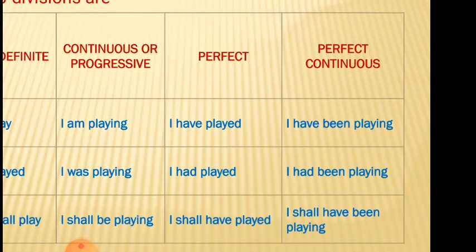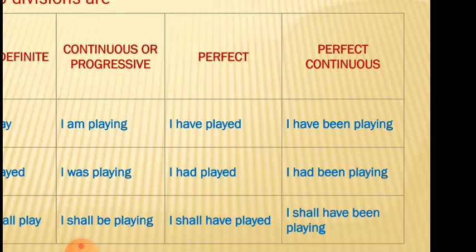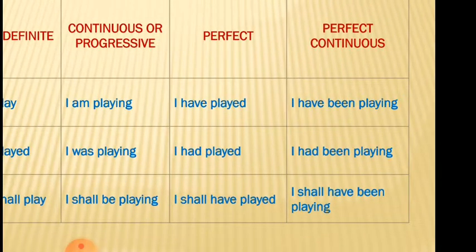When we talk about the perfect continuous tense, in the present tense, the sentence would be I have been playing. In the past tense, we use had. So, I had been playing. And in the future tense, I shall have been playing.